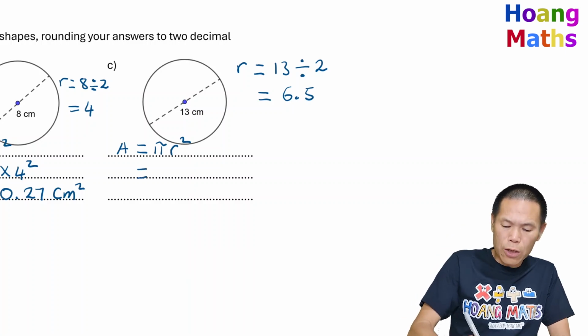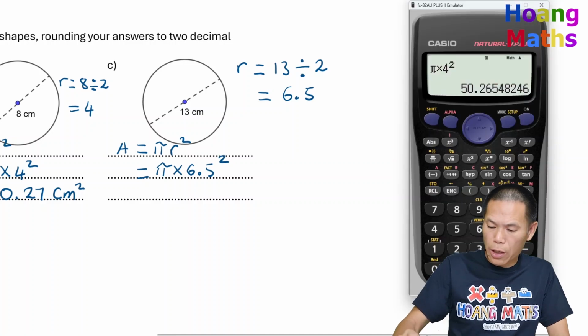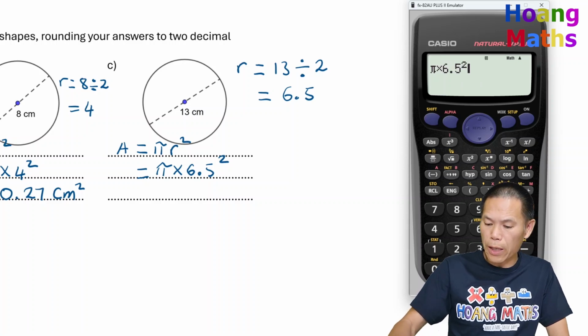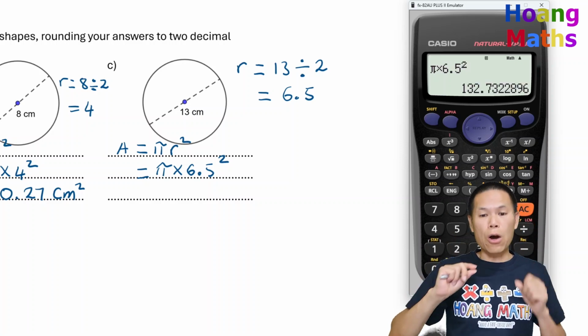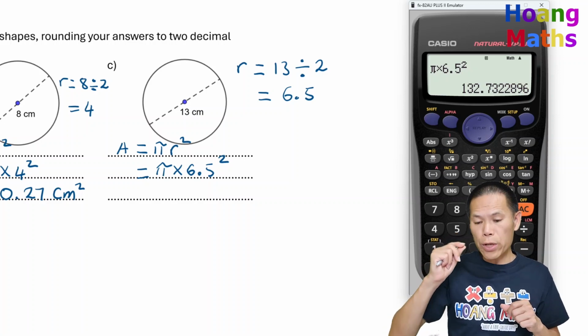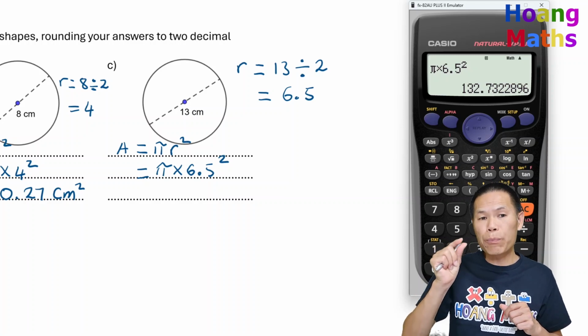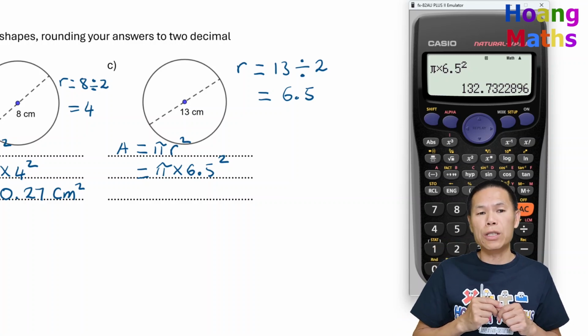So area equals pi times 6.5 squared. I just go shift pi times 6.5 squared. So there you go, 132.732 and so on. Correct to 2 decimal places means we write up to 2 numbers after the decimal point.